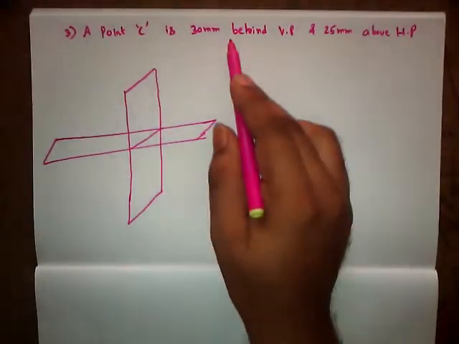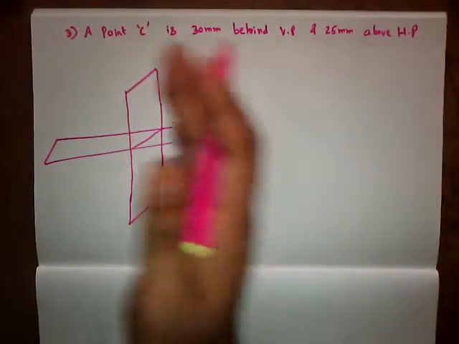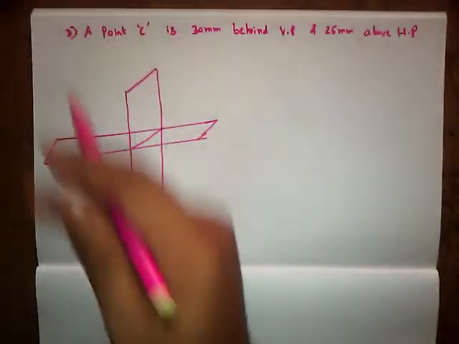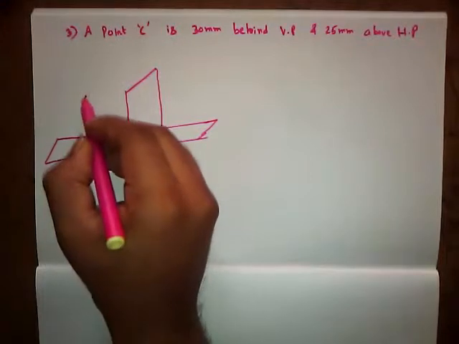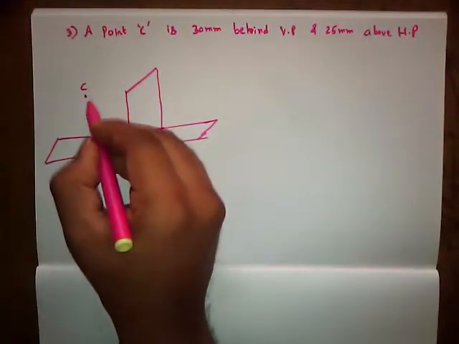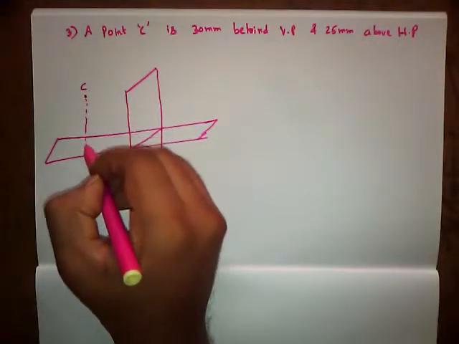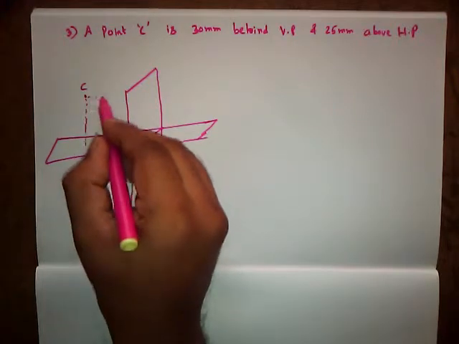According to the question, behind and above. Behind in the sense at the back, above in the sense top. So behind, above, it is going to be the third quadrant. The name of the point is capital C, and let us join dotted lines to the planes.